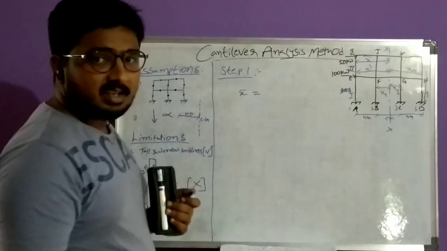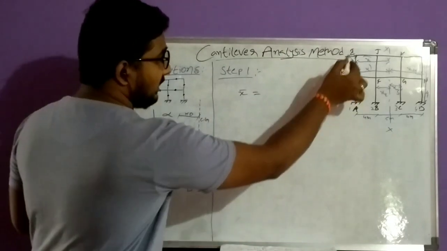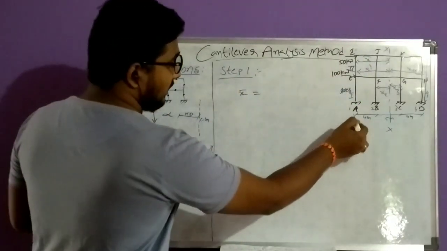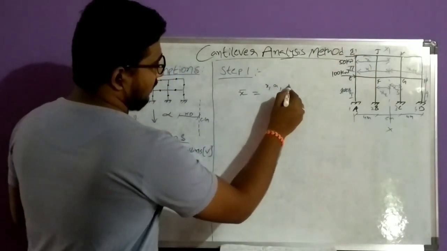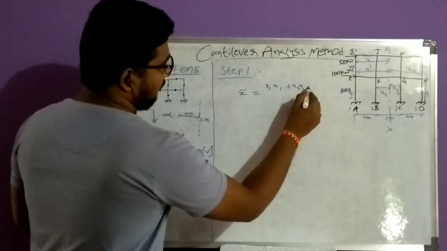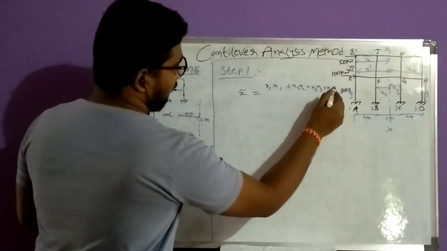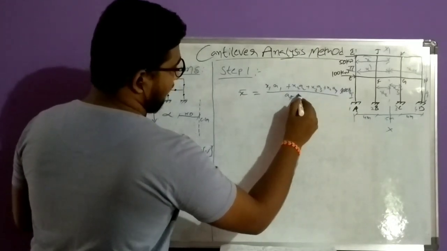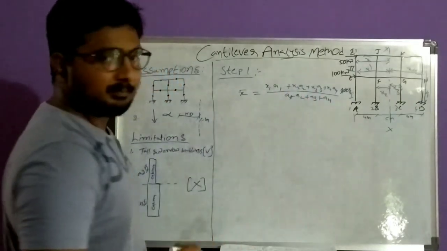As a reference to calculate the distance of the centroidal axis, I am considering the centroidal axis at the column A position, meaning this position. So we know the formula: x1 a1 plus x2 a2 plus x3 a3 plus x4 a4 divided by the total area a1 plus a2 plus a3 plus a4.